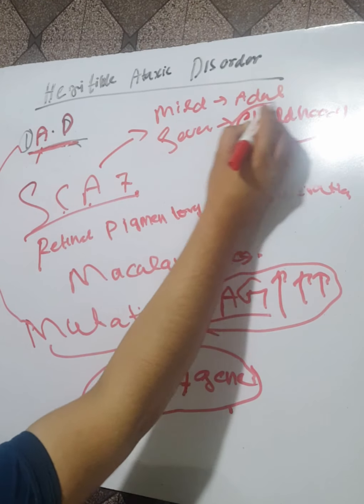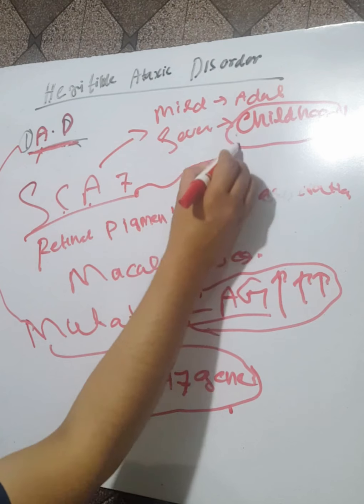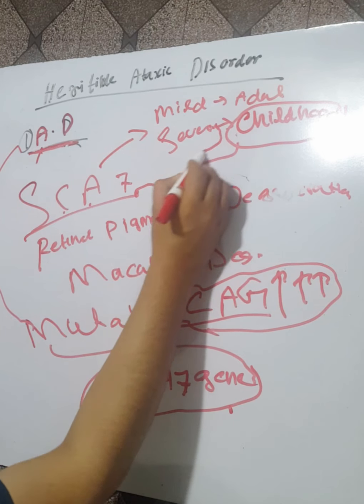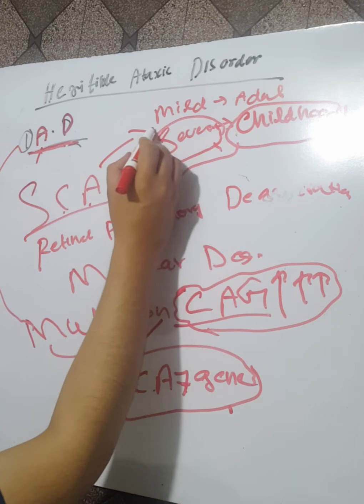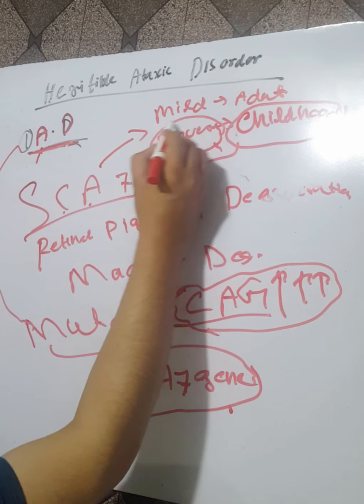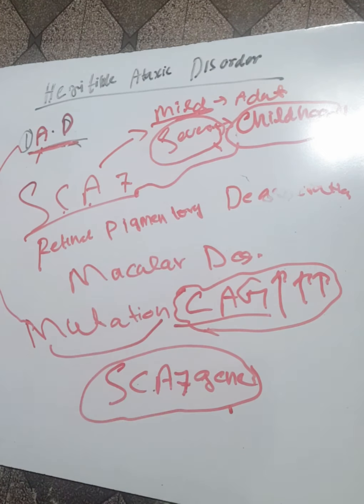When the disease occurs due to SCA7 in childhood, the symptoms are severe, and when it occurs in the adult population, the symptoms of ataxia are mild.